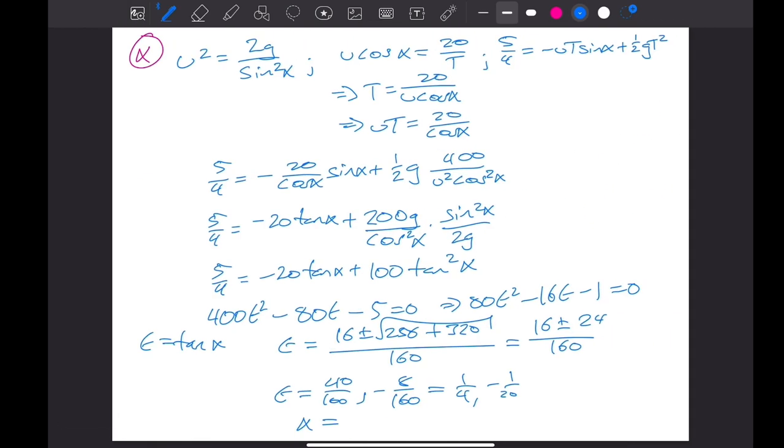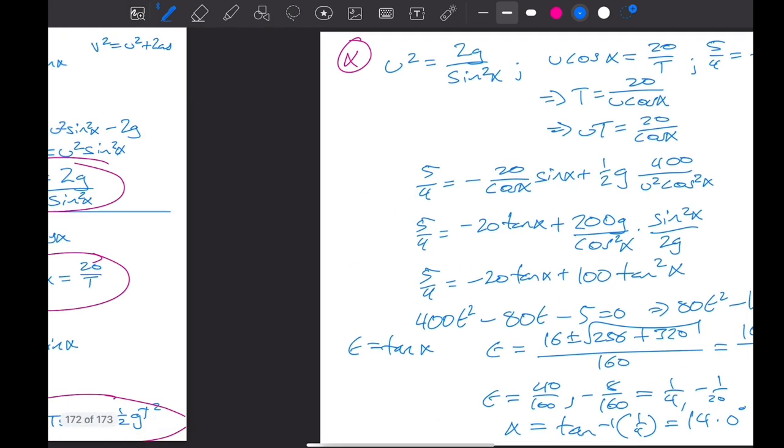So we can ignore the negative and just focus on the 1 on 4. So inverse tan of 1 on 4. What's that going to give us? In terms of degrees, 14.036. So 14.0 degrees. Spot on.